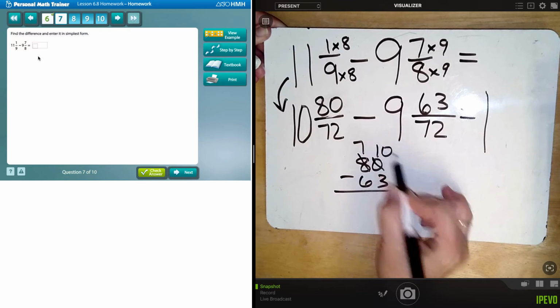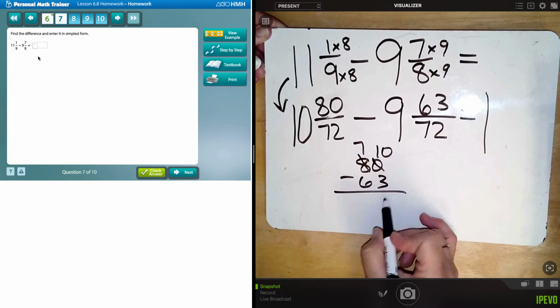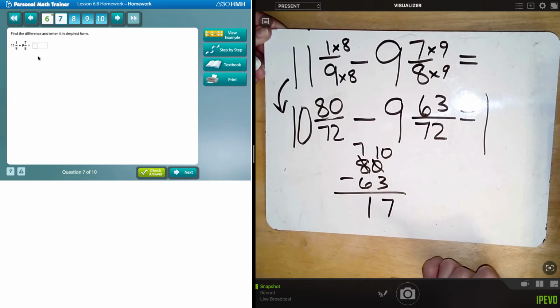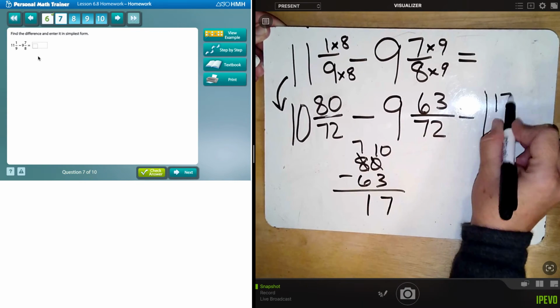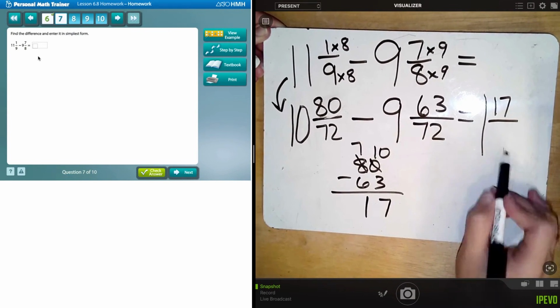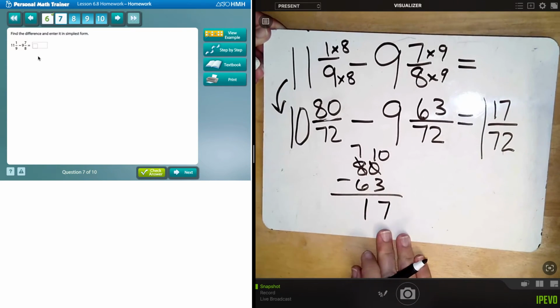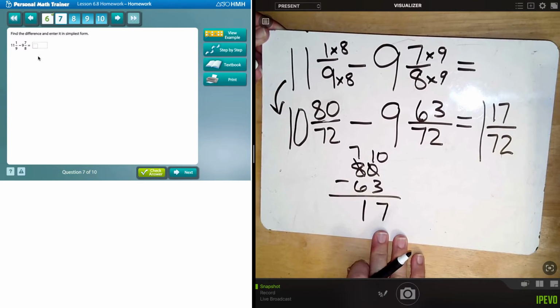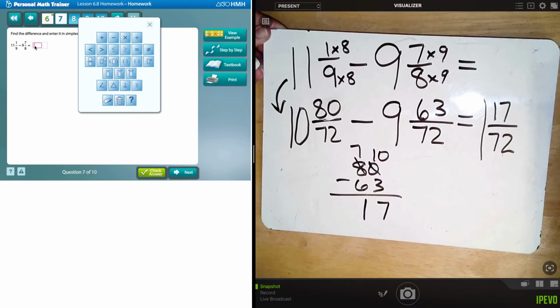I don't trust my brain yet. Not on video. So I'm going to put it there. So my numerator is 17, which is not an even number. I can't divide. So I think my answer is 1 and 17/72.